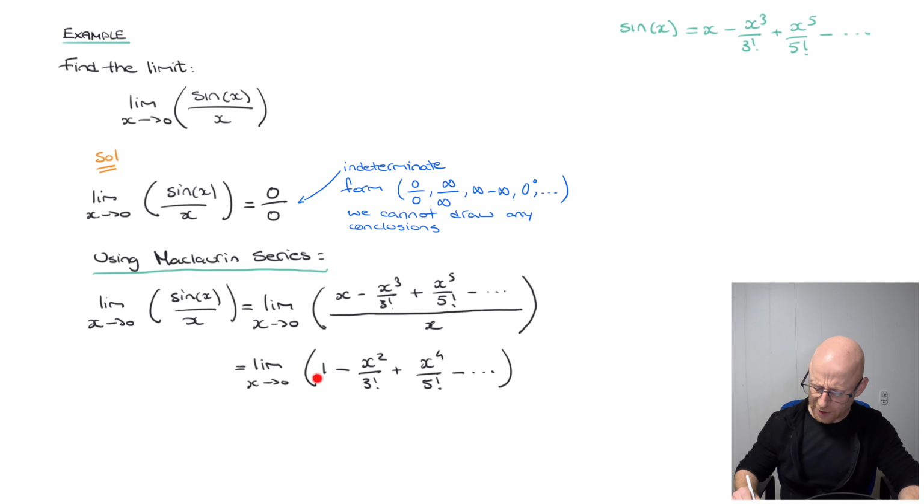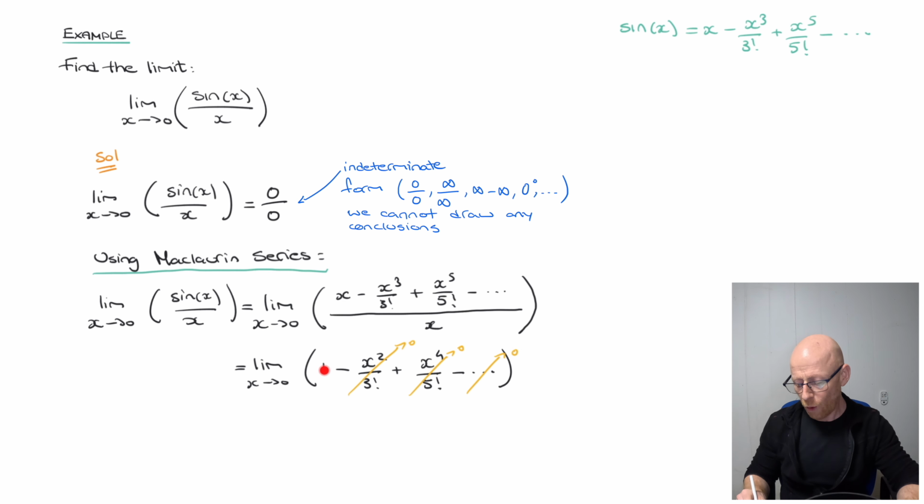And now looking at the expression we have here, it's quite clear that since we're considering the limit as x tends towards 0, all of these powers of x's will tend towards 0. In other words, this x squared over factorial 3 will tend towards 0, so will this x to the power of 4 over factorial 5, and so would all the other powers of x that follow.